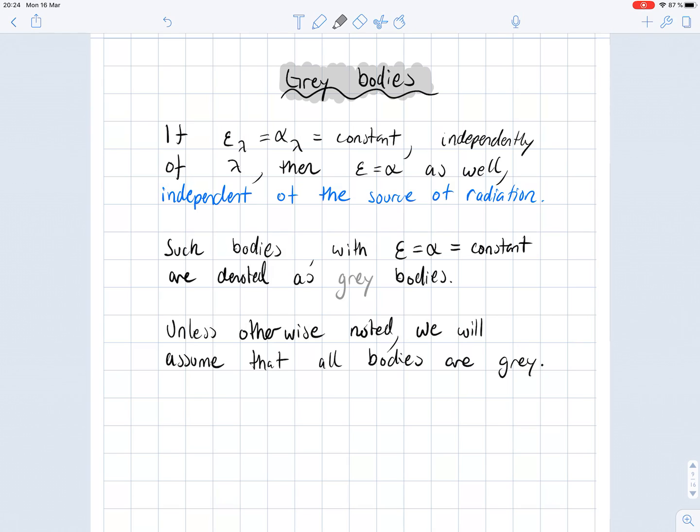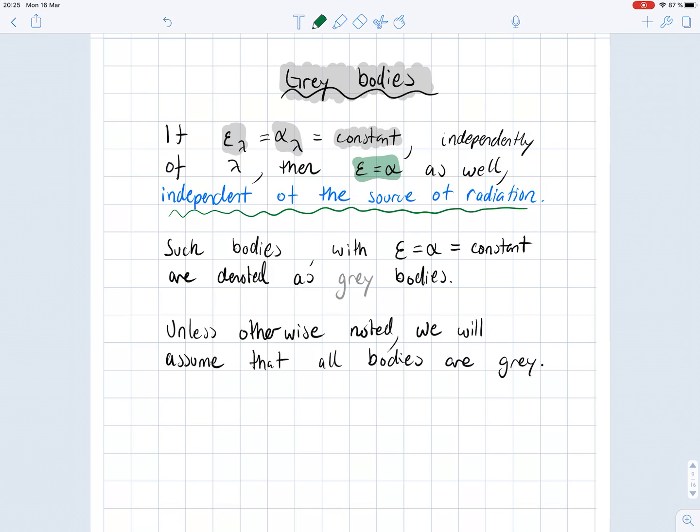Gray bodies will give us the following nice features. First, if we assume that we have some surface for which epsilon lambda equals alpha lambda equals a constant, independent of the wavelength, then of course the average spectral emissivity and absorptivity will be equal as well, independent of the source of radiation.